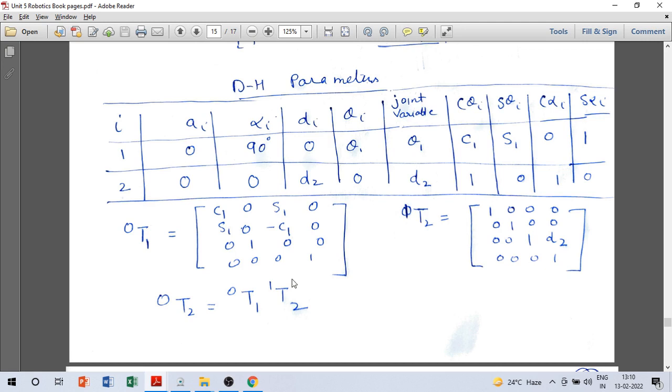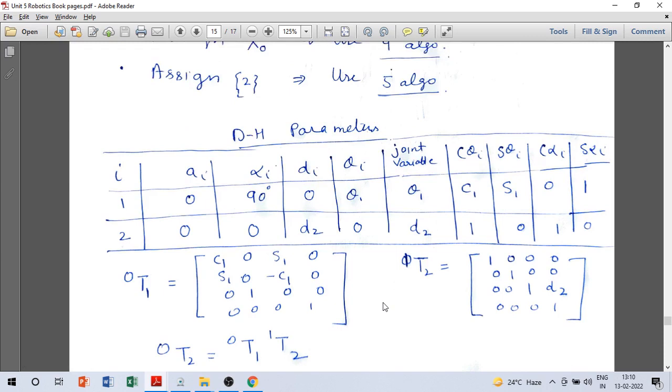Then 0T2, the overall transformation matrix, we get by multiplying these two. That's all. Once we have the transformation matrix, if we have a description of a point in frame 2 and we want a description in the base frame, we just multiply that description with this transformation matrix. That's all we want.